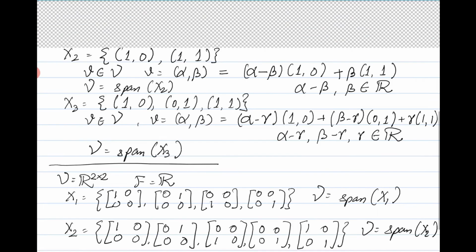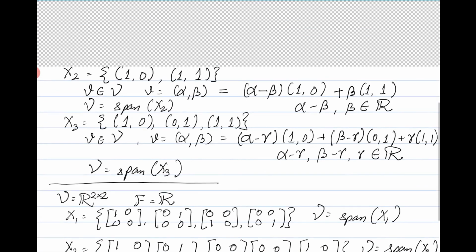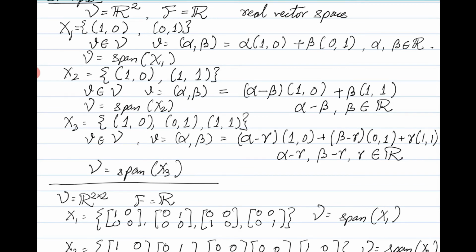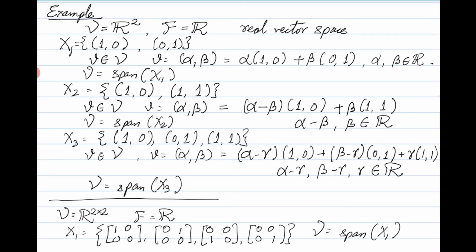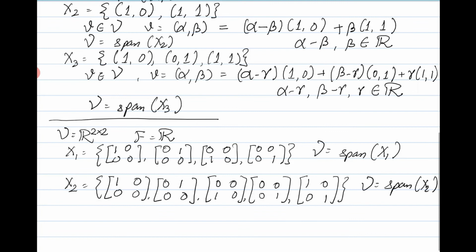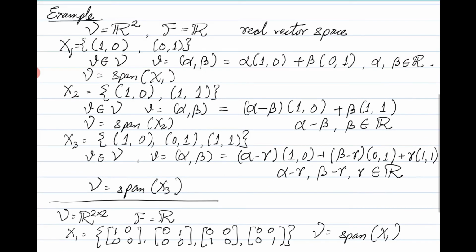Okay, but there has to be something special about the sets x1 and x2 as opposed to set x3 in the first example, and in the second example for set x1 as opposed to set x2. It is the following: x1 and x2 both have linearly independent vectors. x1 has a set of linearly independent vectors that can span the entire vector space.